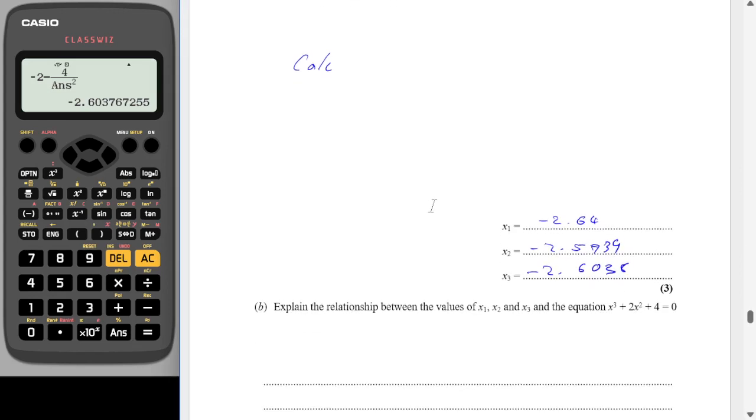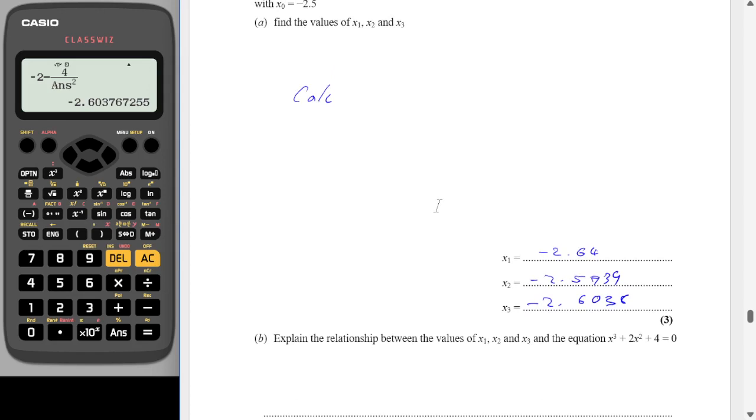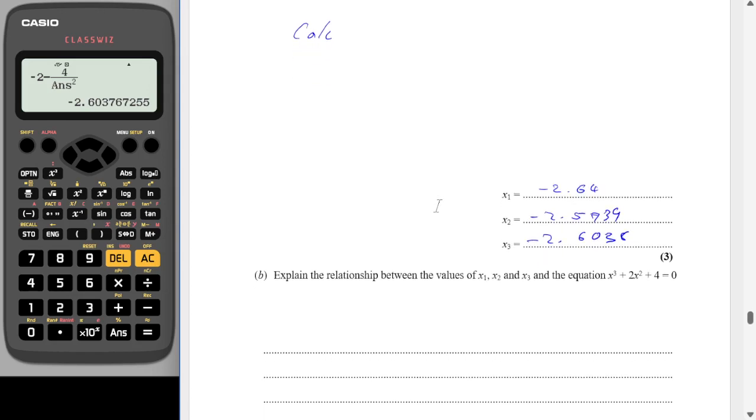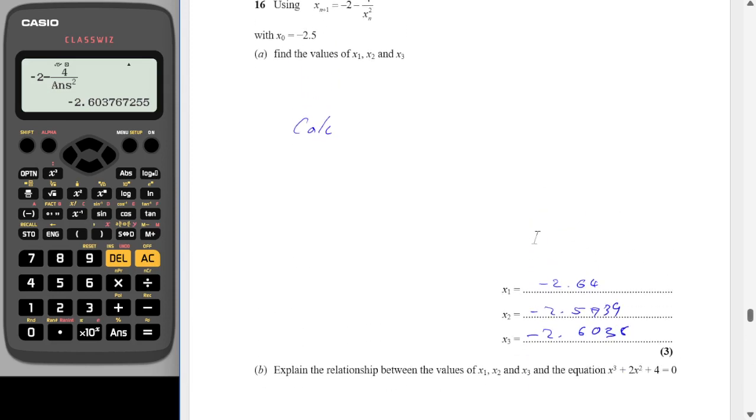Okay, part B then says explain the relationship between the values of x1, x2, x3 and the equation x cubed plus 2x squared plus 4 is equal to 0. So if we look at this, x is equal to minus 2 minus 4 over x squared.